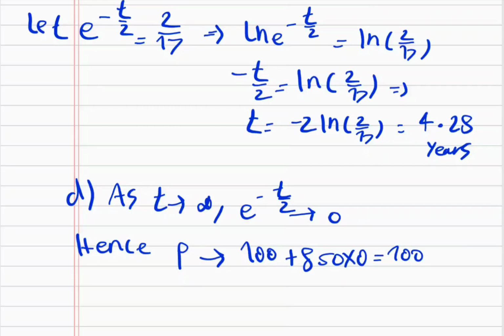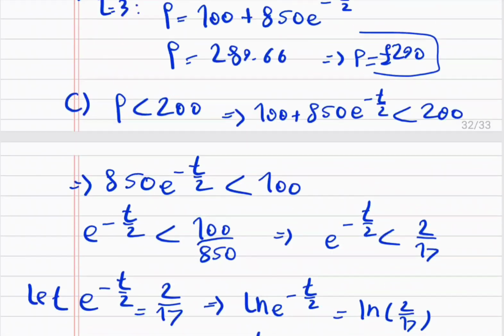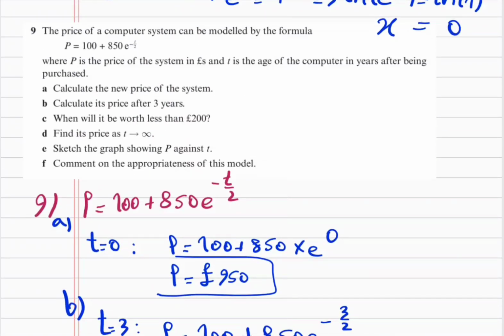So that means that the value of the computer will eventually be worth £100. And that just means that the value of the computer is not going to decrease more than that. So the minimum value will be £100, and the decrease is not going to continue forever, right? Because otherwise you'll have the value of the computer as zero at some point in the future.